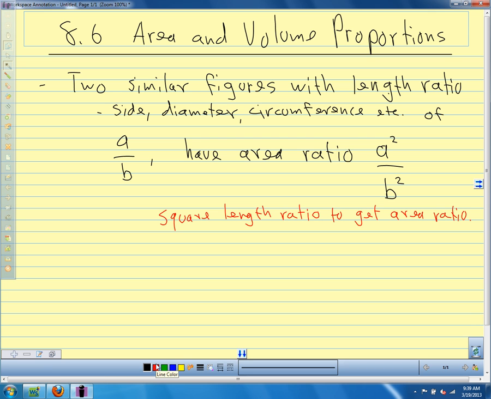So on our opener, we knew the ratio of the sides of the triangles. We could figure out the ratio of the areas of the triangles. That's what this rule lets us do.